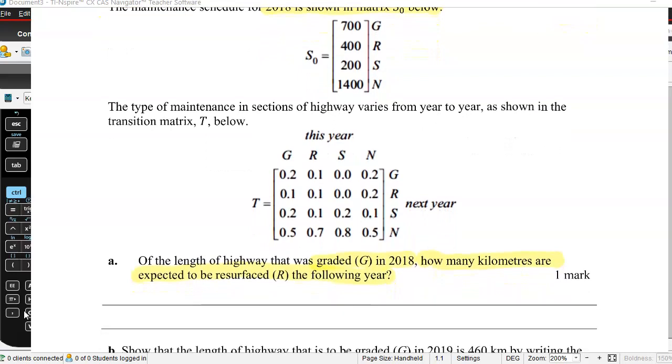So there's 700 kilometres in 2018 that were graded. Now we know that of the ones that were graded, 10%, 0.1, are going to be resurfaced, R. Okay, so that's 70. So 70 kilometres are going to be resurfaced.